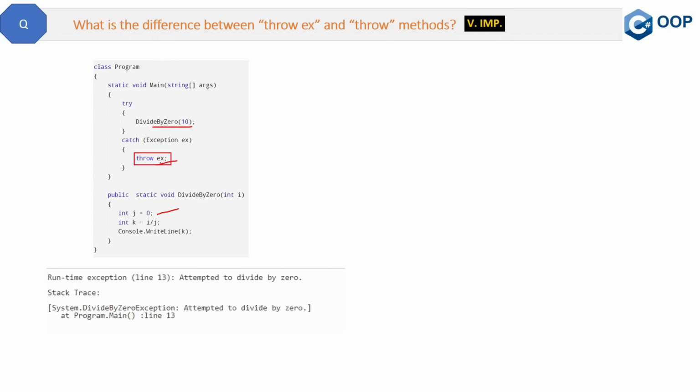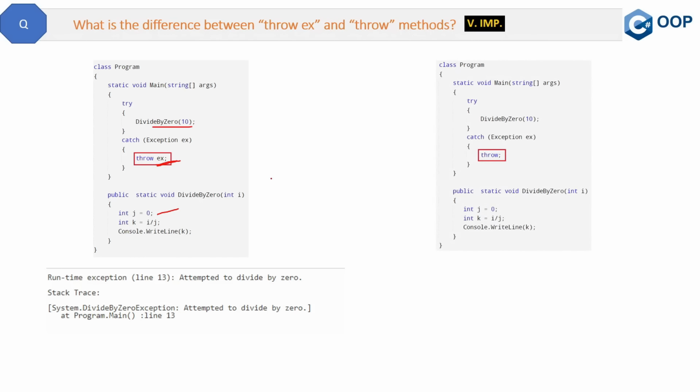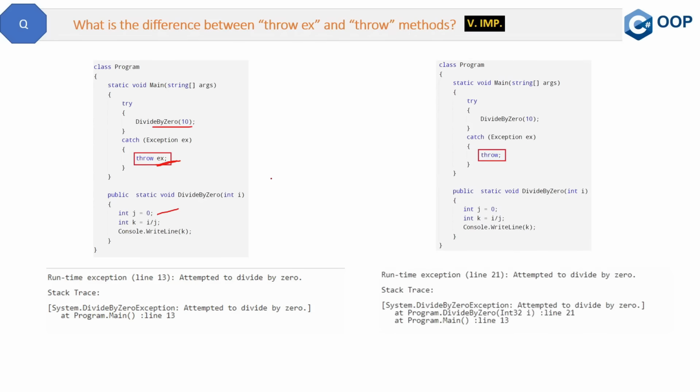Now let's replace this throw ex with throw and see what the difference is. We have just replaced the throw ex keyword with throw and the rest of the code is the same. The error will be something like this: attempted to divide by 0, but if you see the details, it is giving more details in comparison to throw ex.